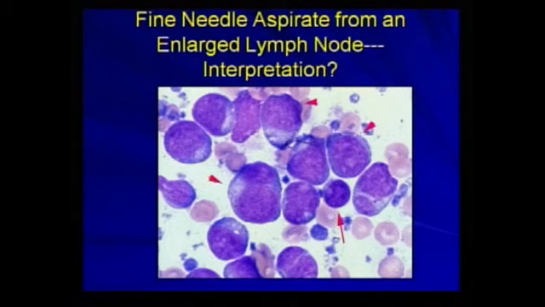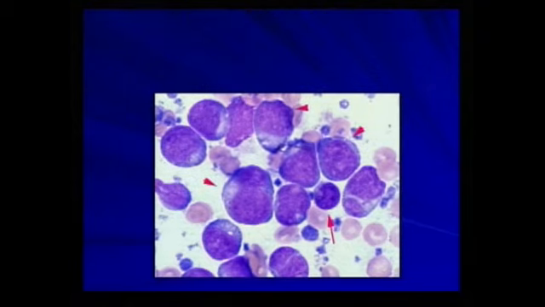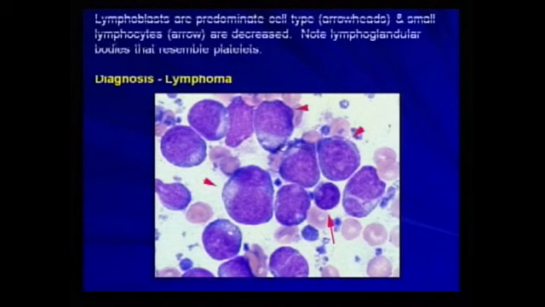You can see them in reactive lymph nodes as well as seeing them in neoplastic lymph nodes. But it just tells you that you have a rapid increase of cells here. Well, if we take our criteria, it looks like the dominant cell is the lymphoblast, so this is one that I would seriously consider the possibility of lymphoma.